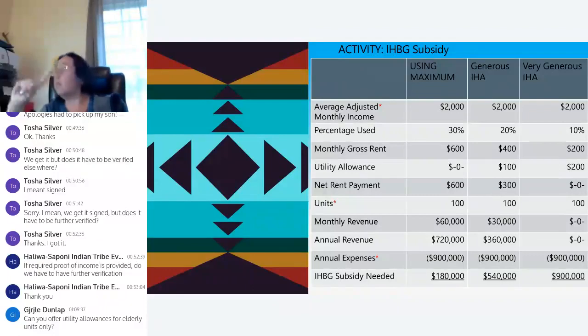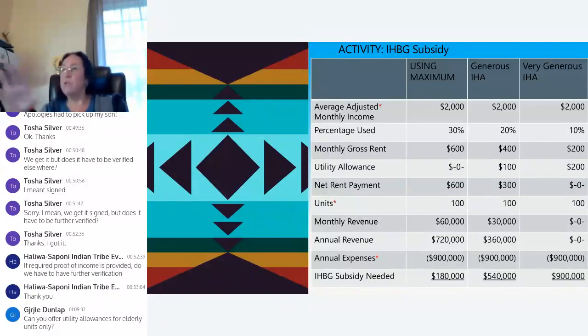They're not going to give them a utility allowance, okay? The net rent would be $600 per unit. We're going to build 100 units. Their monthly revenue would be $60,000 a month if you collected it all, okay? The annual revenue would be $720,000, okay?